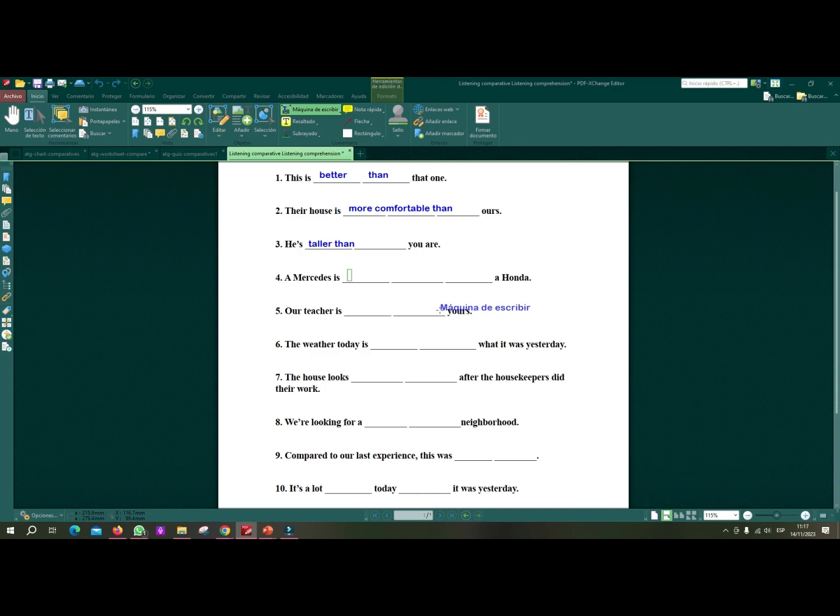Okay, you can say a Mercedes is more, this is a difficult adjective, luxurious, right? Than a Honda, right? That would be. 5, our teacher is, I can say easier, that's kind of weird.